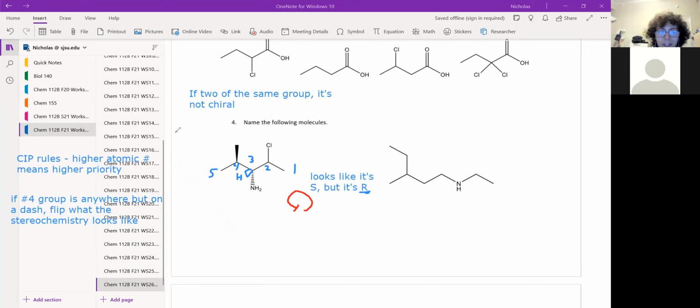The other thing is the amine is the only functional group that's important for the parent chain, so we wouldn't want to use amino. We only use amino if there's a carboxylic acid or any other carbonyl, because then we use amino to describe a substituent. But otherwise we use the amine ending.